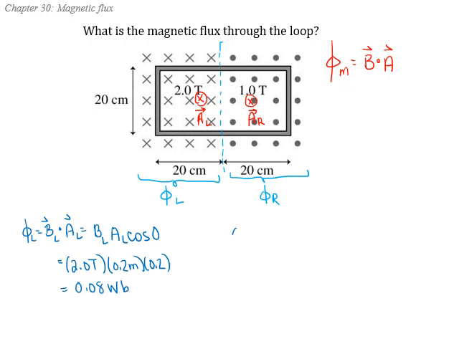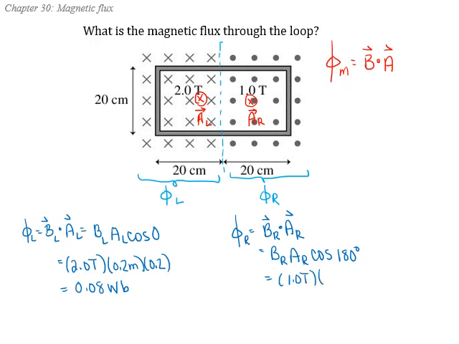Let's also do the magnetic flux on the right. So same deal, it's the field on the right dotted with the area on the right, which is B times area times the cosine of the angle between them. The area is into the page, the field is out of the page, that angle is 180 degrees. Okay, so the strength of this field is 1 Tesla.